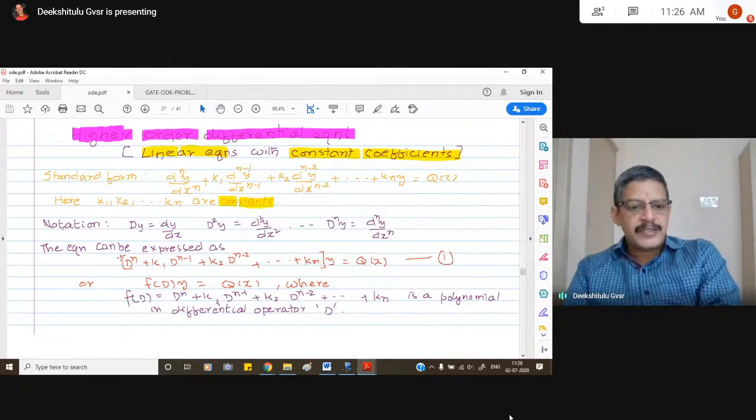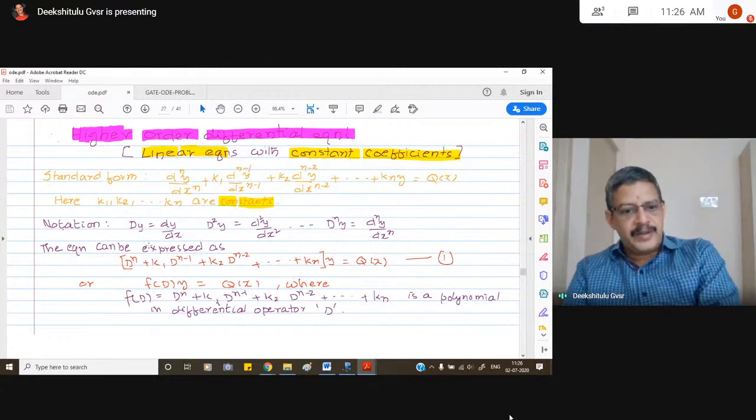If you see the term in the bracket, Dⁿ + k1 Dⁿ⁻¹ + k2 Dⁿ⁻² and so on up to kn, it looks like a polynomial in D. So we represent that by f(D).